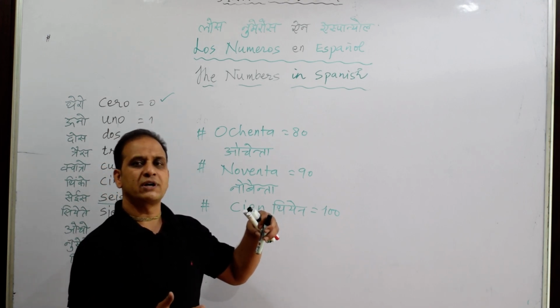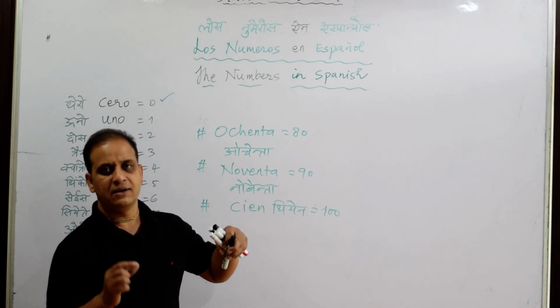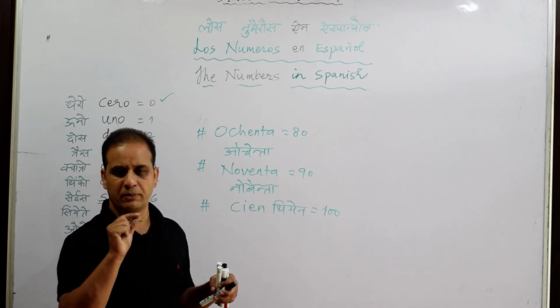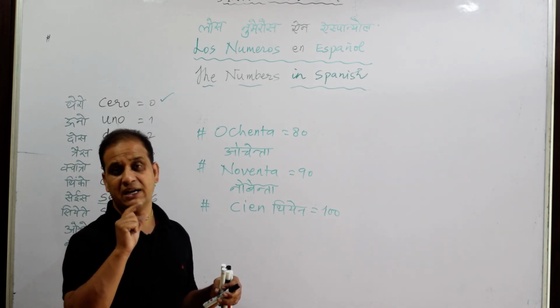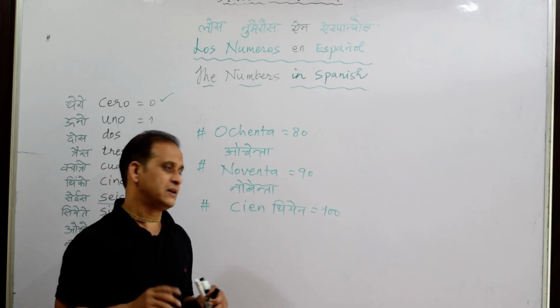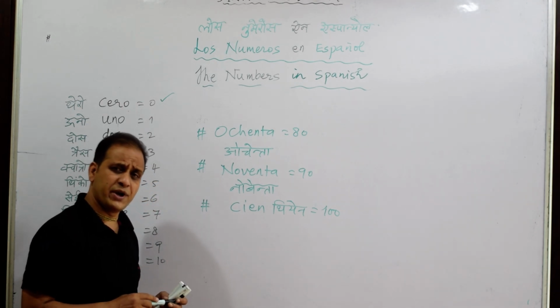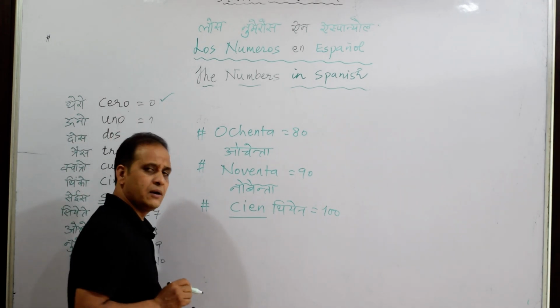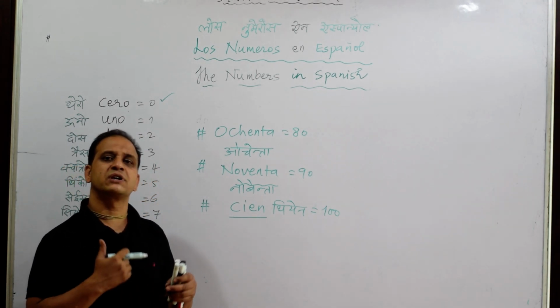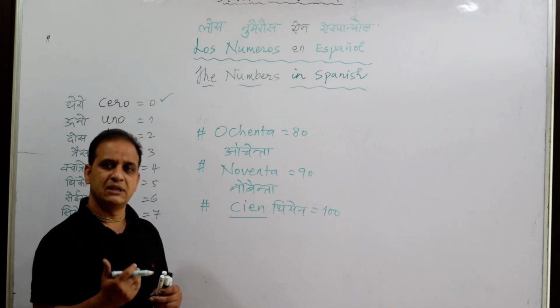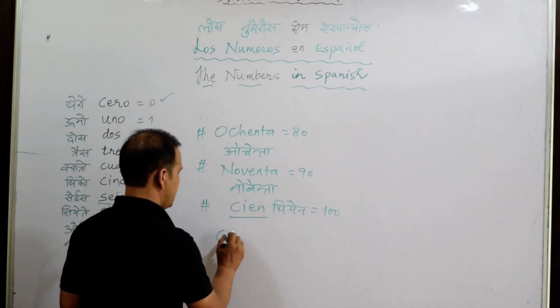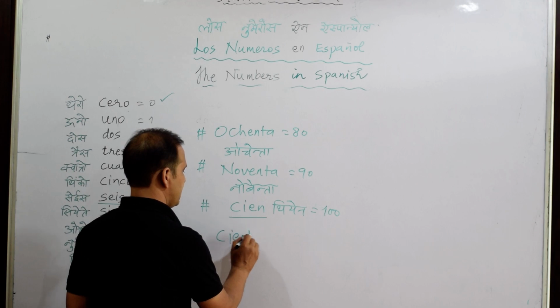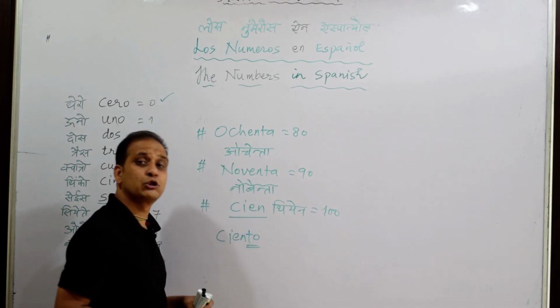Only in the case of 21 to 29 you have to just replace E and Y by one I. That's it. Now when you simply want to say 100, it is cien. But whenever 100 is associated with some other numbers, then you will not write cien. Then you will have to write ciento.